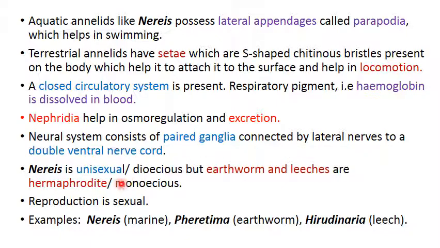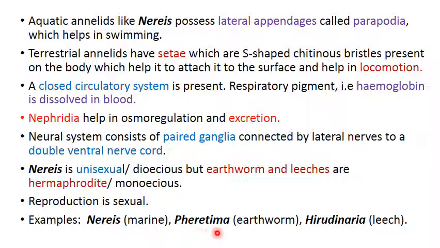And Nereis we'll find is unisexual, meaning that sexes are separate. लेकिन जो earthworm और leeches हैं, they are hermaphrodite, that means both the sex organs are present in the same individual. Reproduction sexual है. Nereis is an example of a marine annelid.